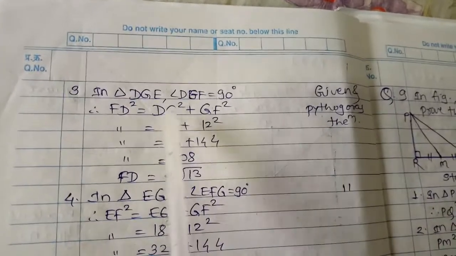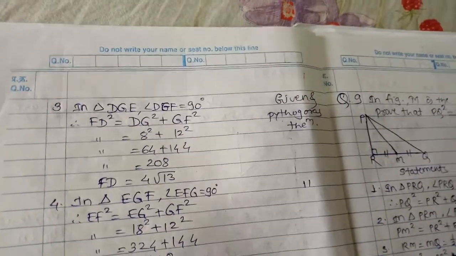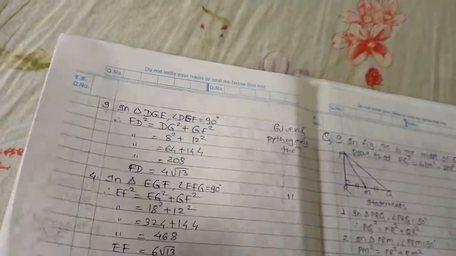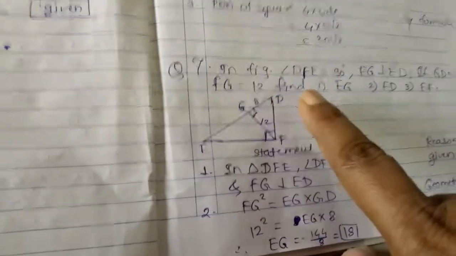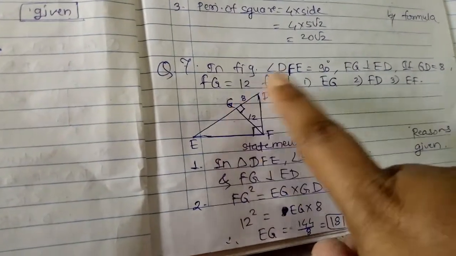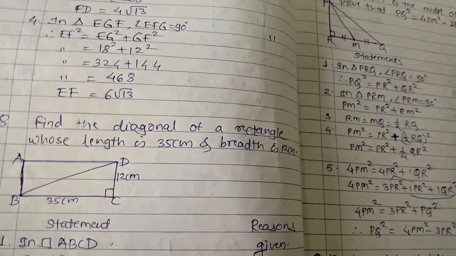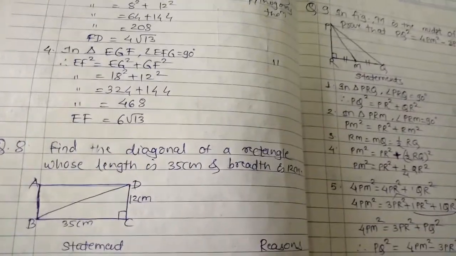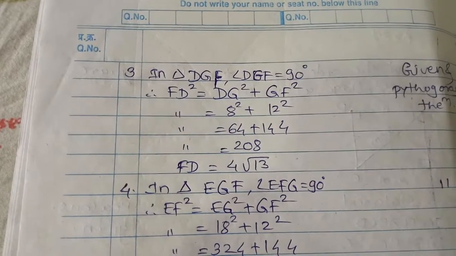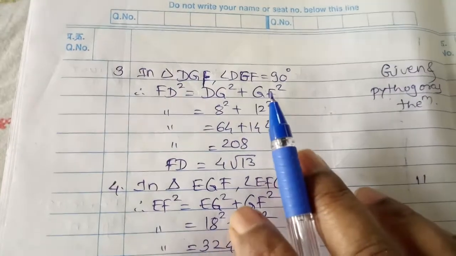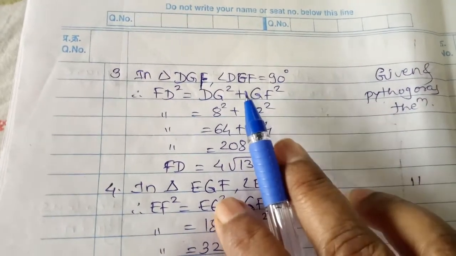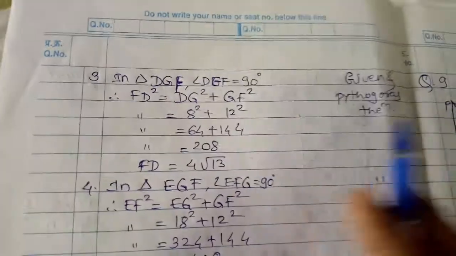Now see the triangle DGF, in which angle G is 90 degree, and so by using the Pythagoras theorem, what do we get?